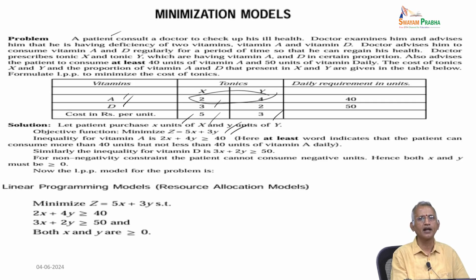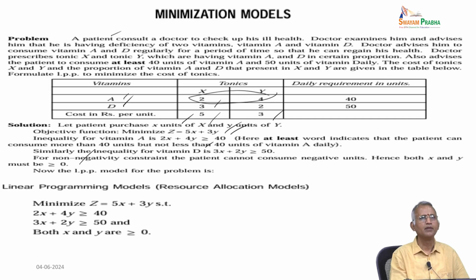Here, 'at least' indicates the patient can consume more than 40 units, but not less than 40 units of vitamin A daily. Similarly, the inequality for vitamin D is 3x plus 2y greater than or equal to 50. For the non-negativity constraint, the patient cannot consume negative units, hence both x and y must be non-negative.